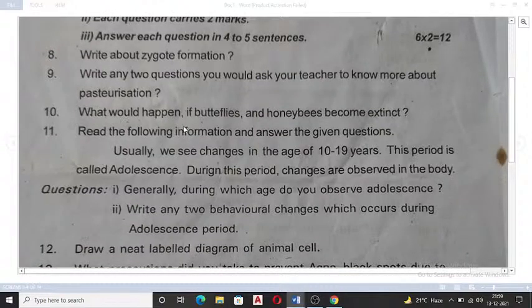Coming on to the next, the 10th one, what would happen if butterflies and honeybees become extinct? Then you can write, pollination cannot occur. Honeybees also help in pollination, carrying the pollen grains from one plant to the other. So plant growth and reproduction in plants may be affected, because these organisms are friendly to the plants and help in the pollination process, and some of them even act as an ecological balance between certain organisms.